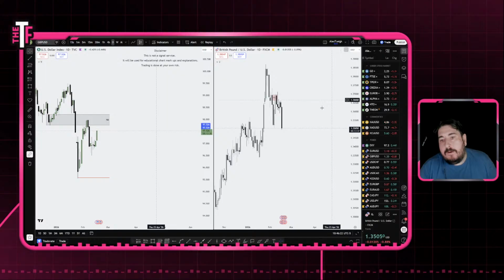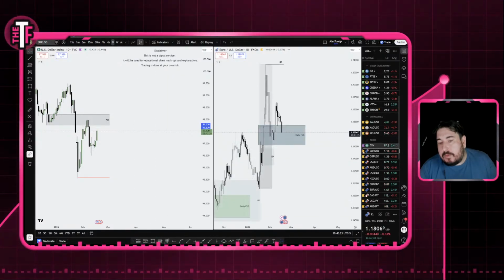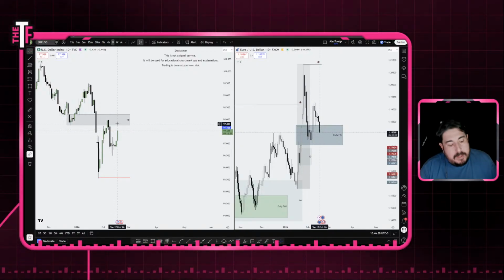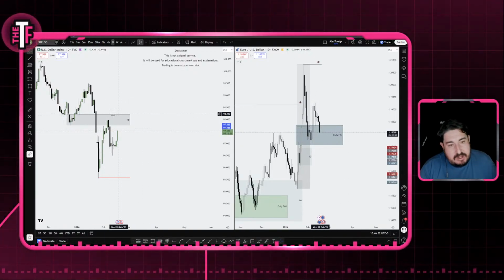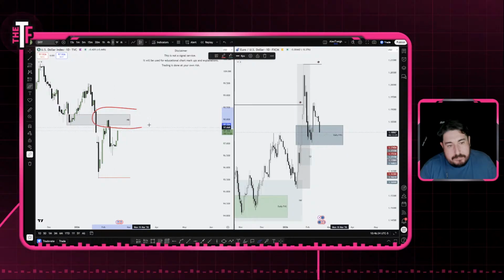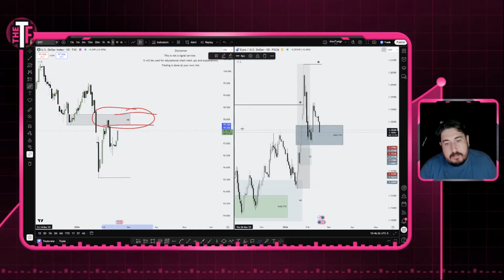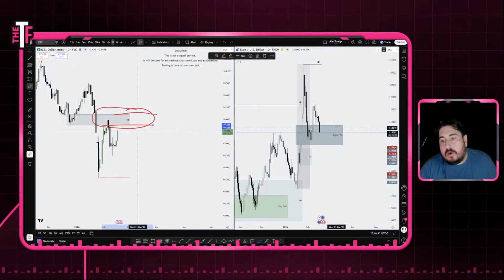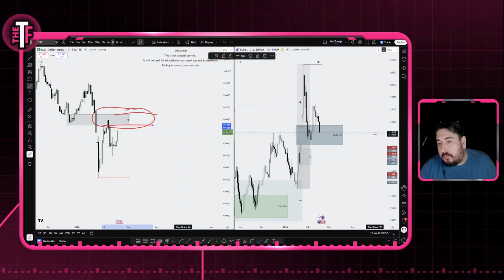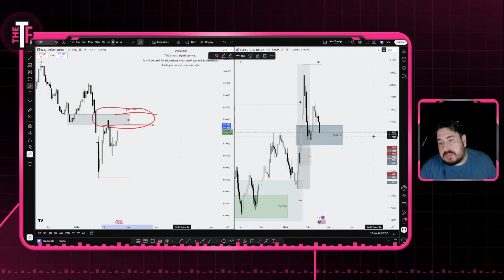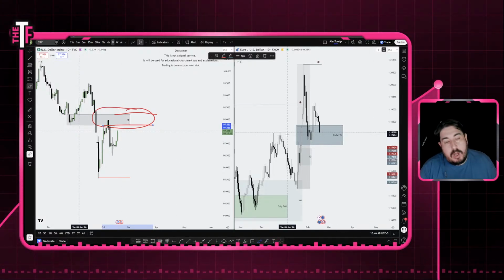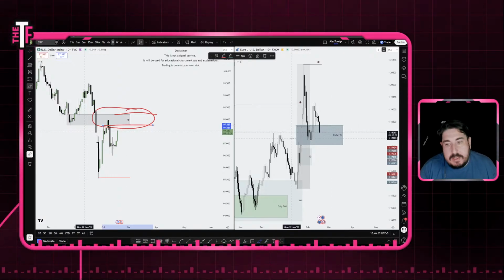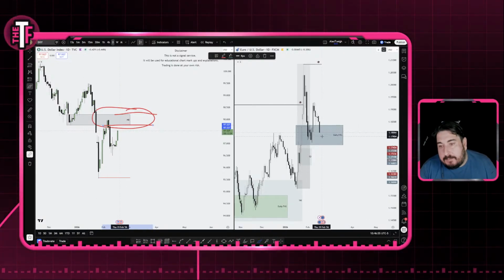There's no difference. Overall, we are bullish. In my opinion, this level is very, very important for price: the 98.000 on the DXY. Also, 1.18 is a very important price for Euro USD. Overall, I'm bullish.